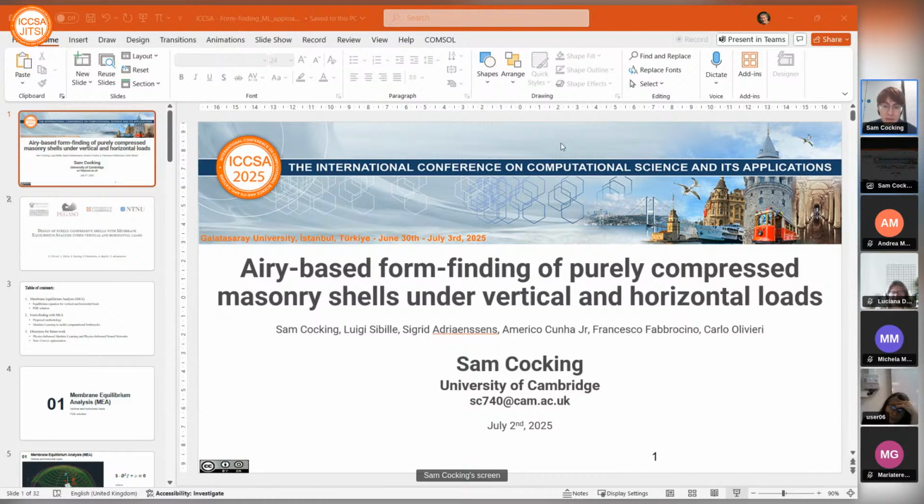So very briefly on membrane equilibrium analysis, a lot of you will be familiar with this already.